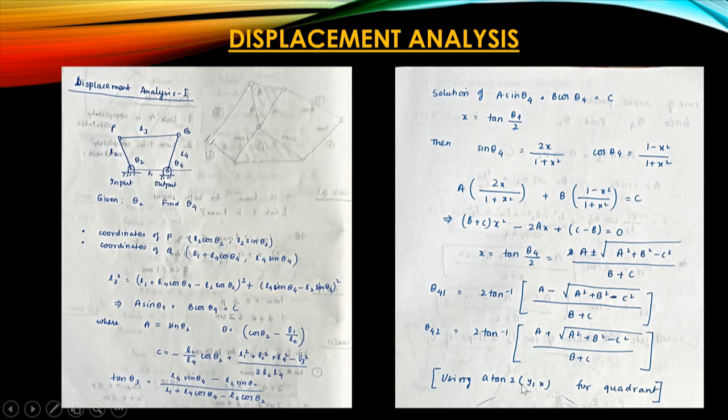Using atan2(y, x), we can assure the quadrants for the angles. Now I will hand over to Arjish for the next part.